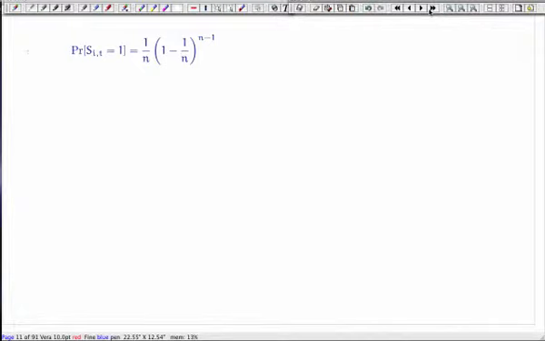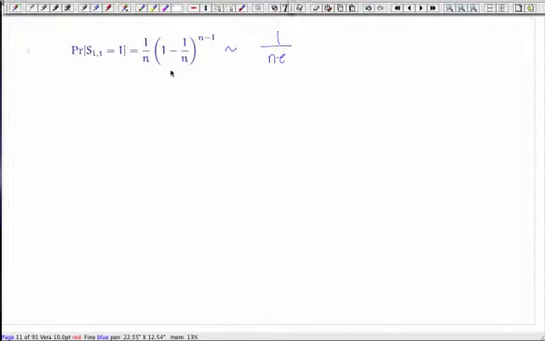So how do we analyze this kind of crazy expression? I claim that this is roughly 1 over n times e, where e is that magic 2.718, etc., etc. 7818.